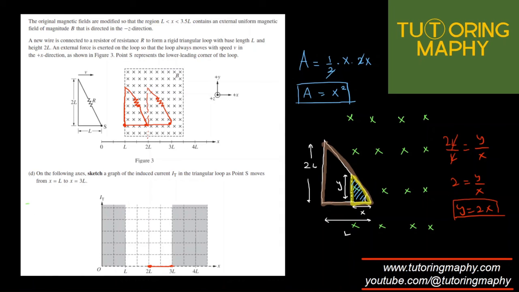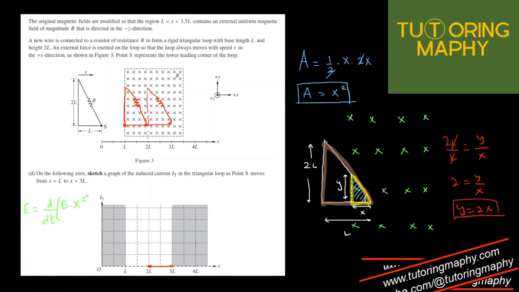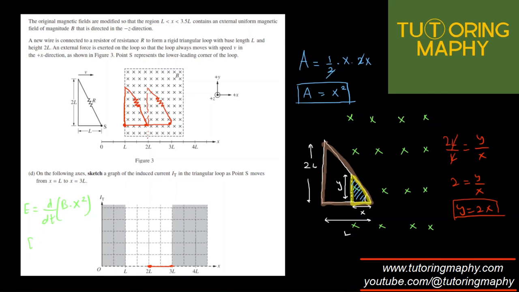I know that the EMF is the magnitude of d phi over dt. So d over dt of flux, where the flux is B dot A and the area is just x squared. The derivative of this is 2x times B times dx over dt, as per the chain rule, and dx over dt is just v.